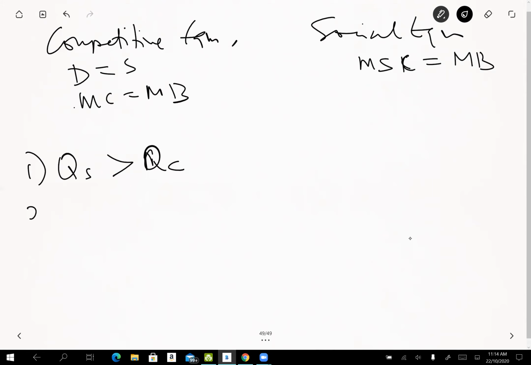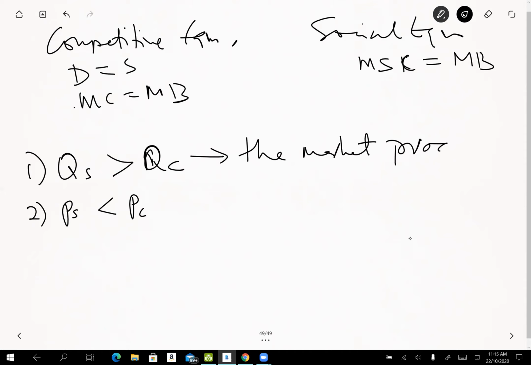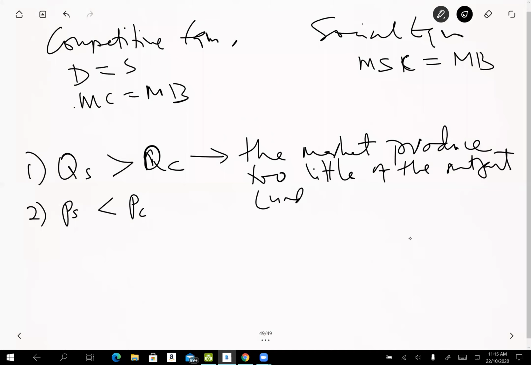Number two, PS is less than PC. Here, meaning the market produces too little of the output. In other words, it underproduces. The society wants more. So that is the positive production externality.